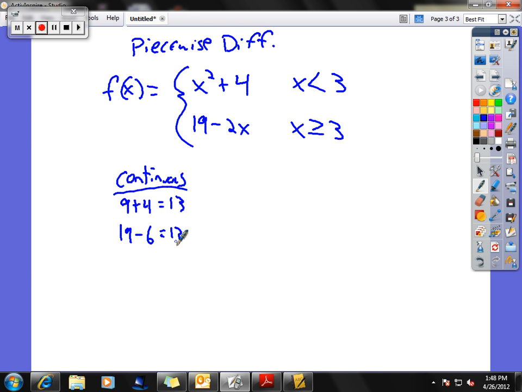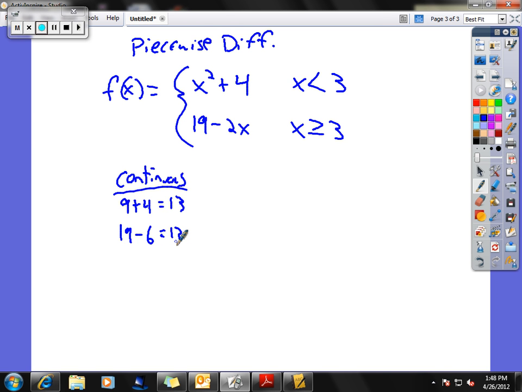Okay, so to check if a piecewise is differentiable, anybody have a guess as to what we're going to do? What does differentiability have to do with? Smoothness, or, yeah, it's derivatives, right? So for something to be differentiable, it has to have the same slope coming from both sides, okay?